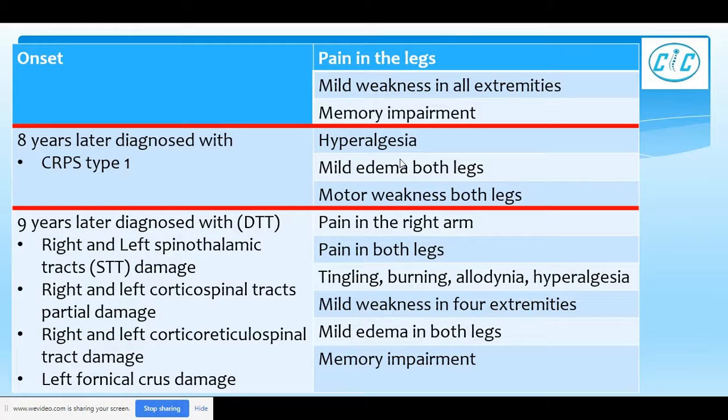The patient felt hyperalgesia, which means exaggeration of the pain, and there was mild edema in both legs.